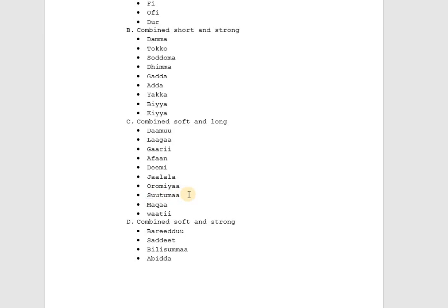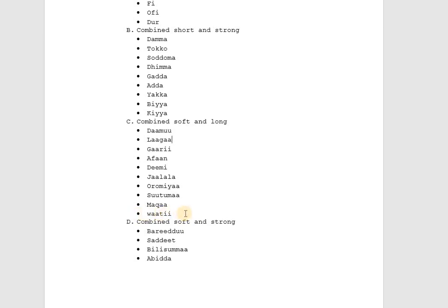Sutuma. Which one is short and long? Sutuma. Sa is long and ma is long. Only two. Only ta is short. Sutuma. Maka. Maka. I'm sure you're going to get this. Wati.